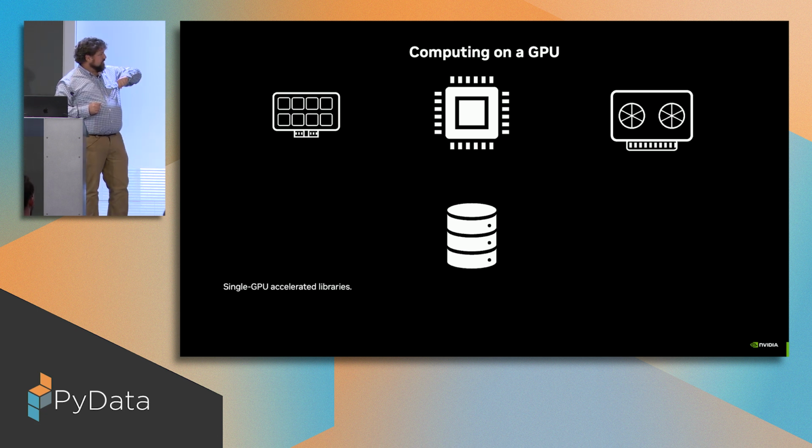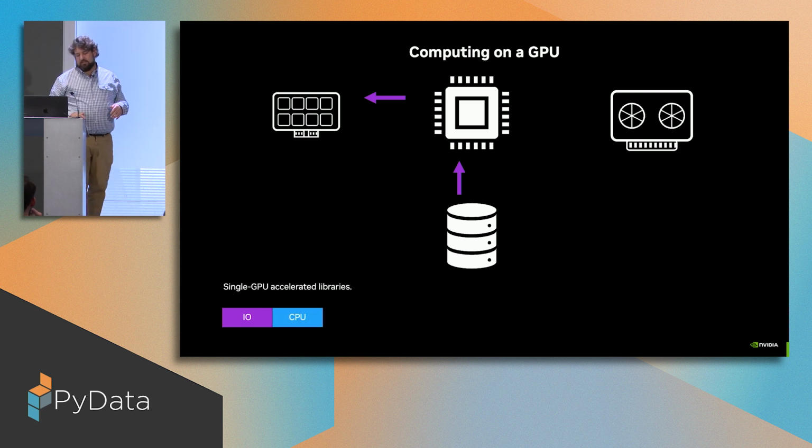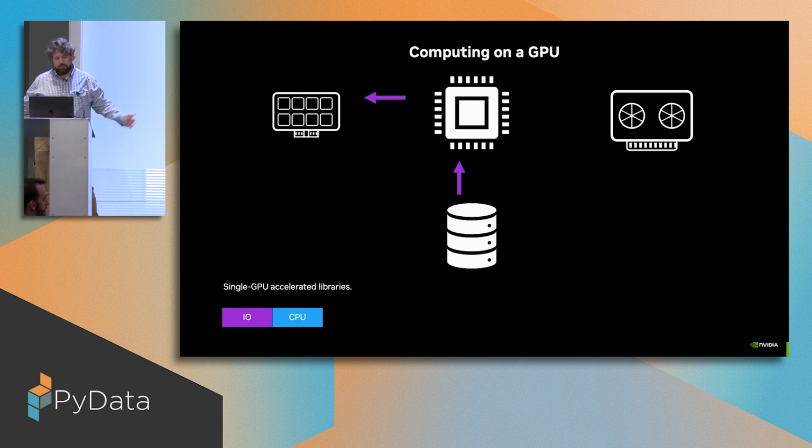In this world, if I want to write a library that's accelerated, first I load up the program, I load up the data, and the CPU will put it in system memory. The CPU will do some calculations, whether this is just filtering a data set or doing fast Fourier transforms or whatever it is.